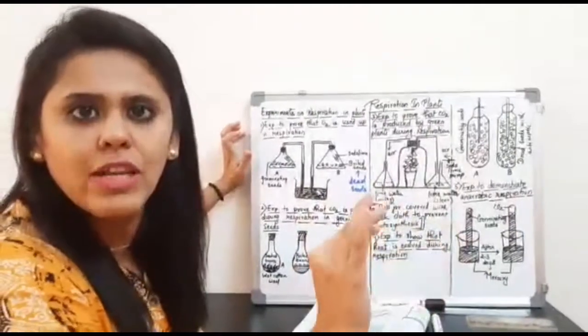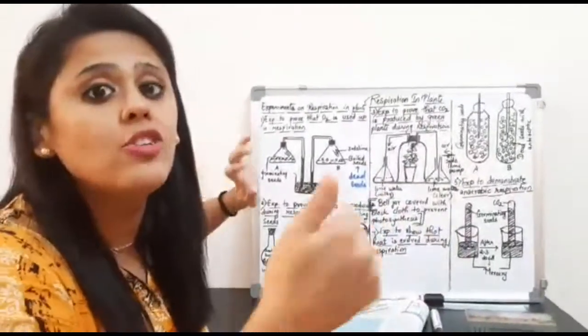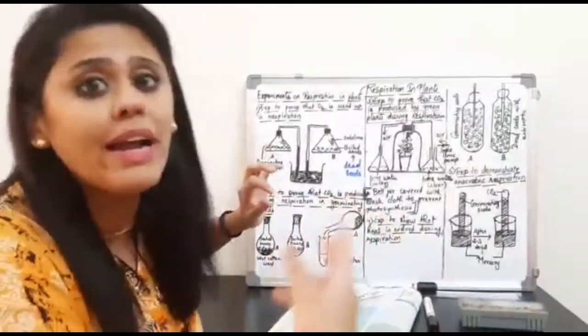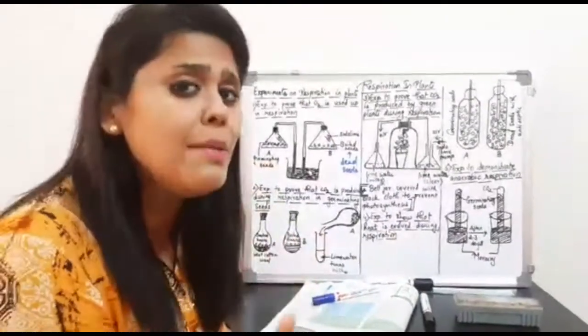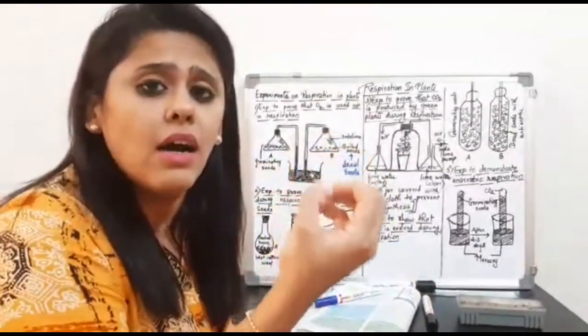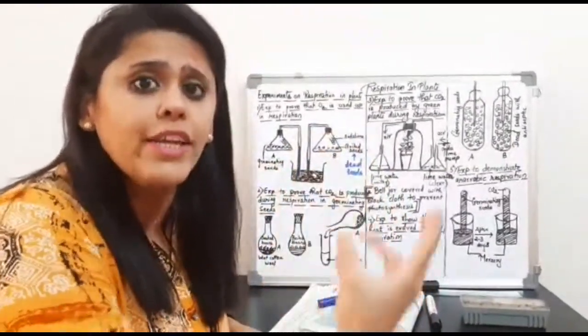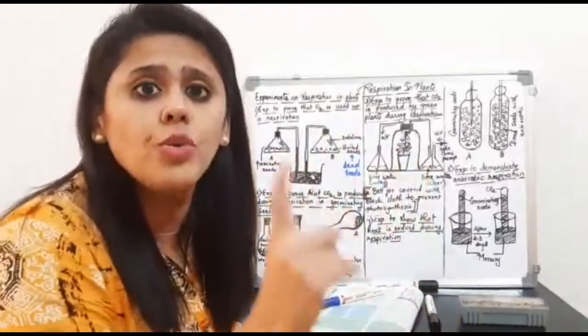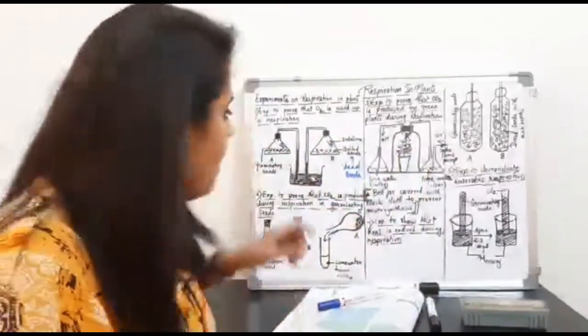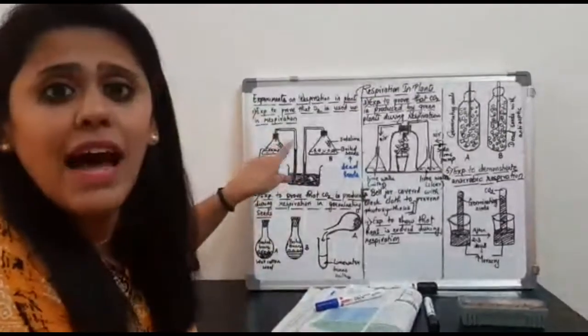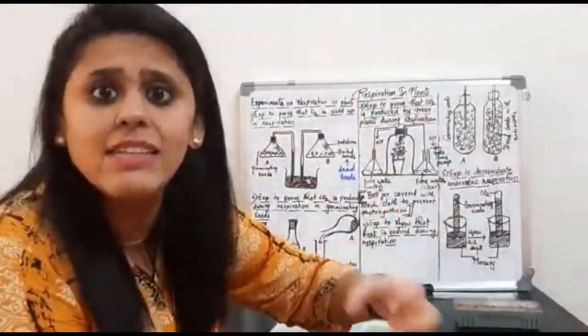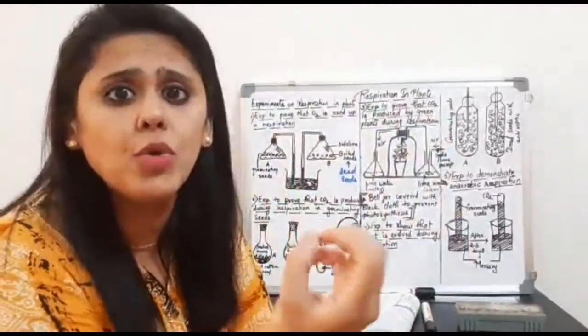The flame will go off. Why? Because there is no oxygen for it to continue to burn. Remember, for the fire to continue to lit also you need oxygen, right? But since here in this flask there are germinating seeds, the fire will not continue to lit.